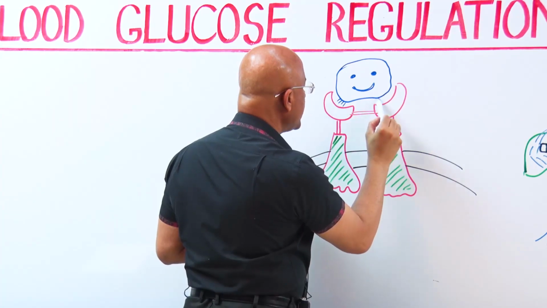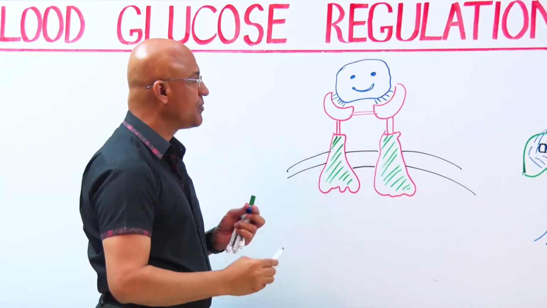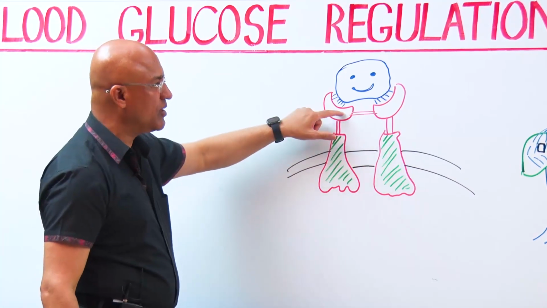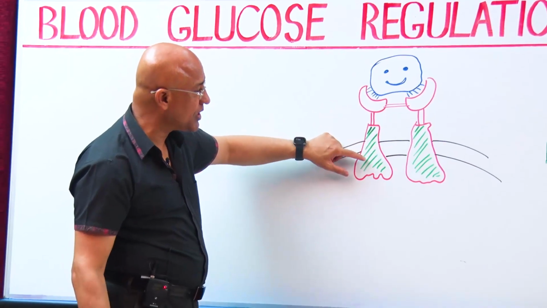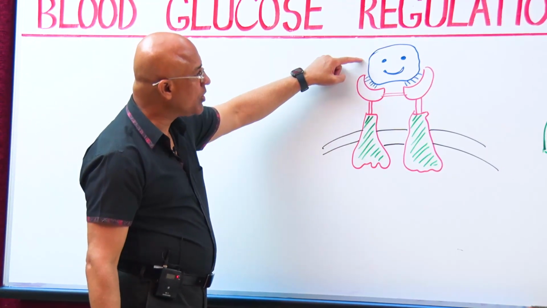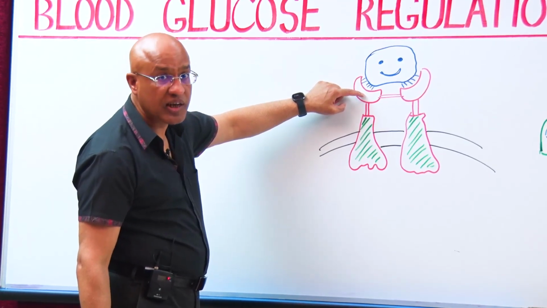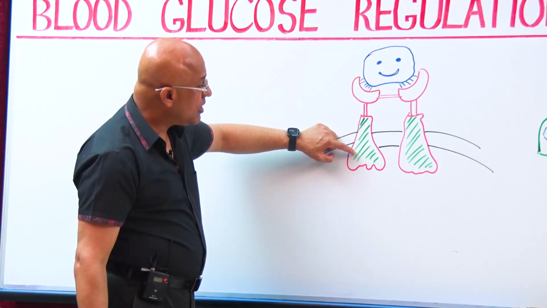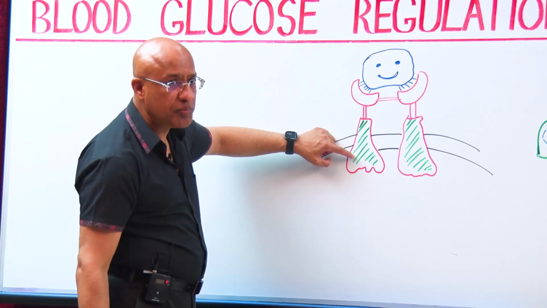Now what really happens is, let's suppose insulin comes and sits over here and interacts with the alpha units. When insulin binds, the alpha units undergo a conformational change which leads to a further conformational change in the beta units.